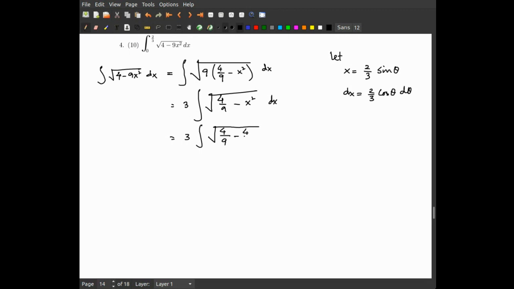X squared is also 4 over 9 sine squared theta. And then dx is 2 over 3 cos theta d theta. 3 and 3 are getting cancelled, 2 is out. And if I take 4 over 9 out, then it is 1 minus sine squared theta. And outside is cos theta d theta.